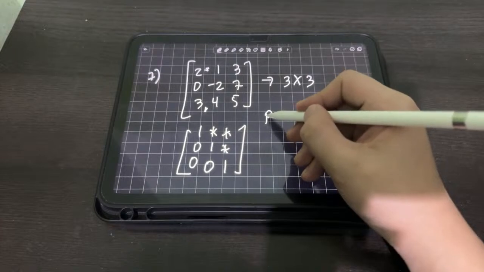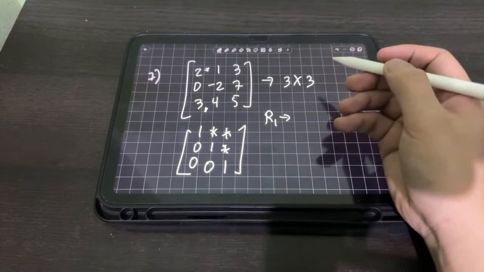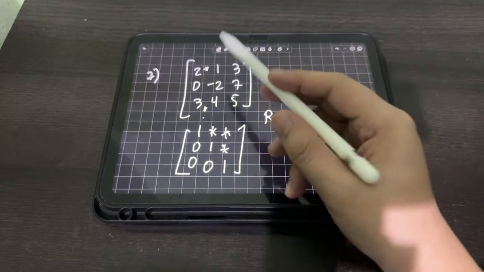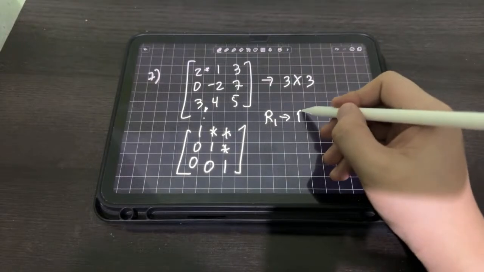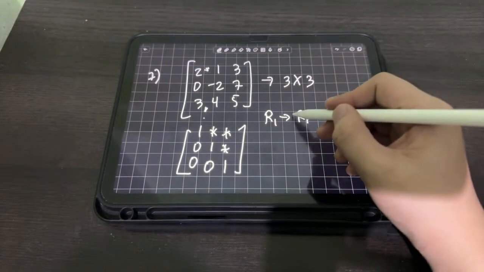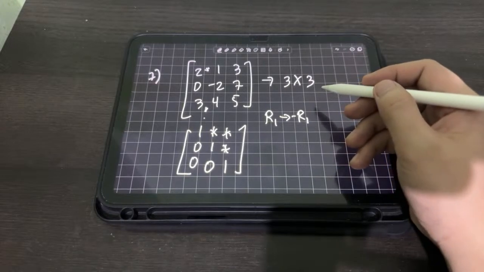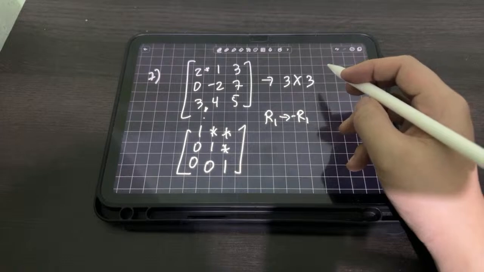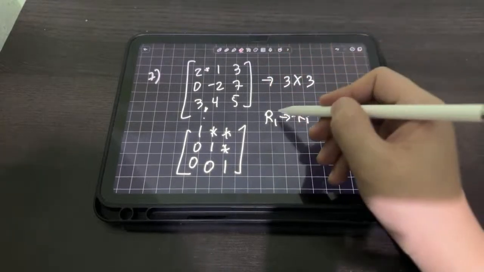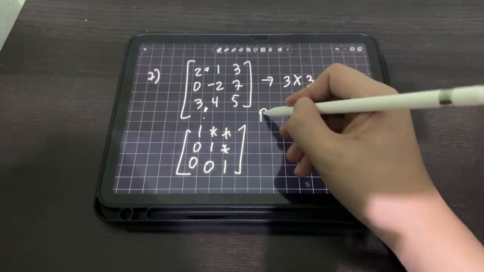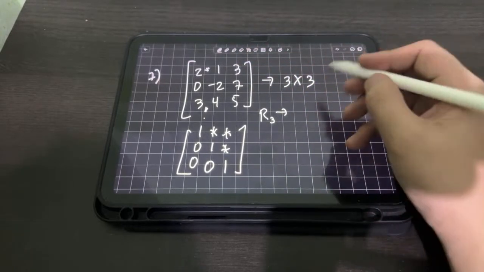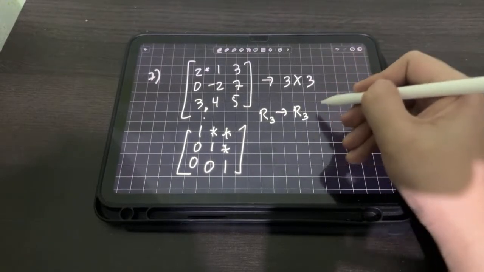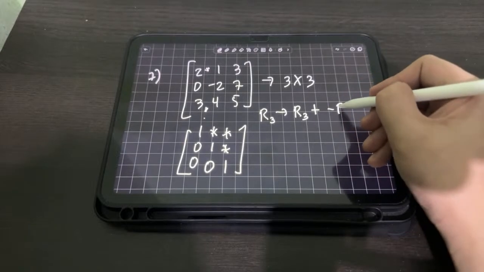You can have R3 equivalent to R3 plus negative of R1.